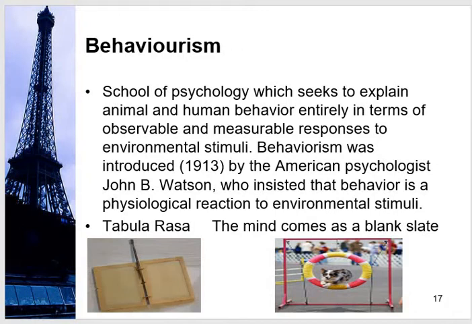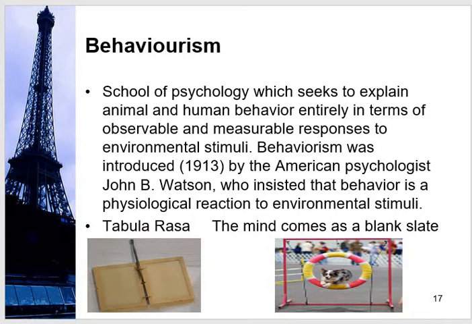Behaviorism, this was one key point of North American structuralism. It was a school of psychology which seeks to explain animal and human behavior entirely in terms of observable and measurable responses to environmental stimuli.